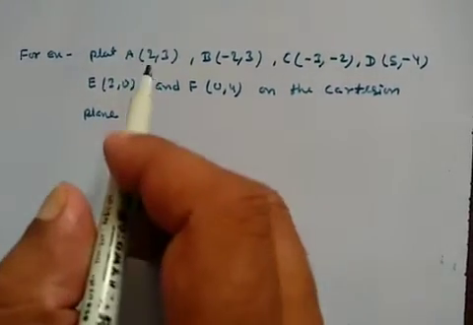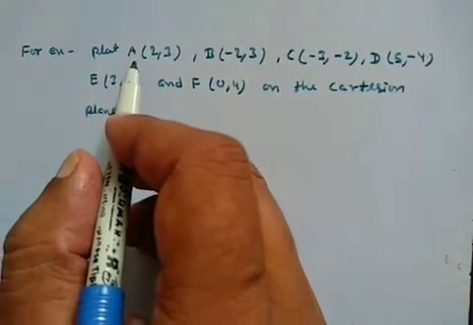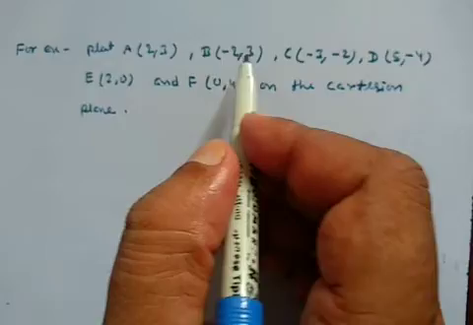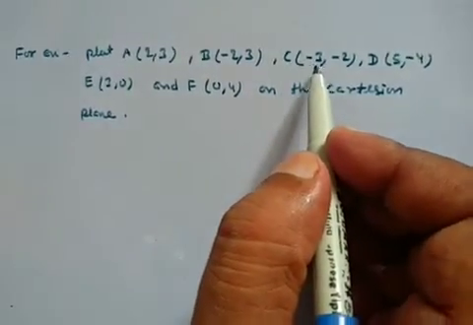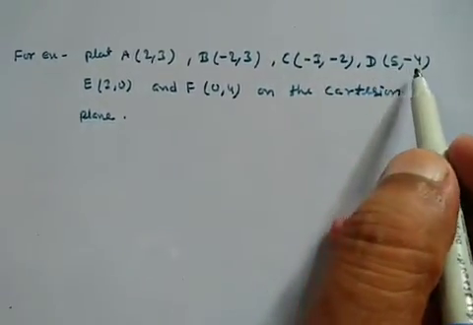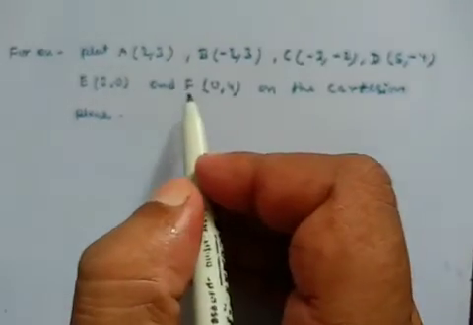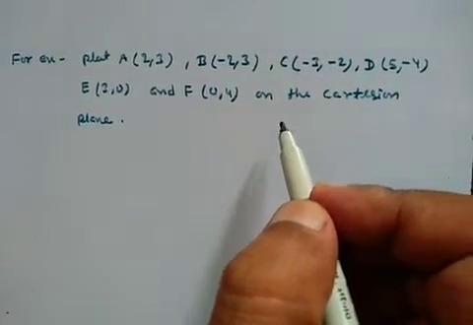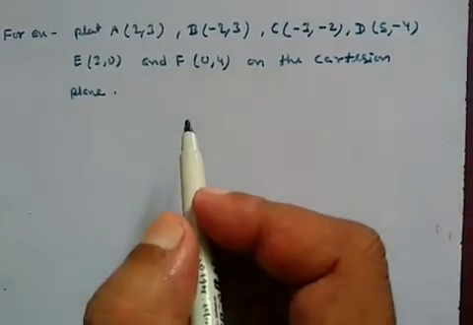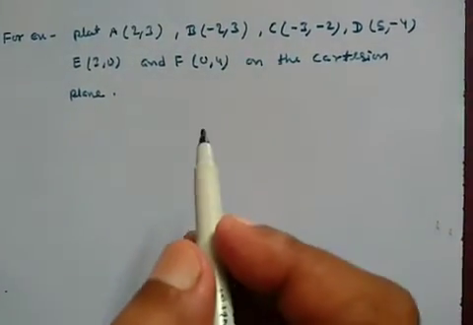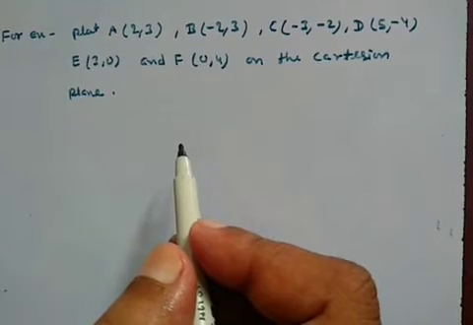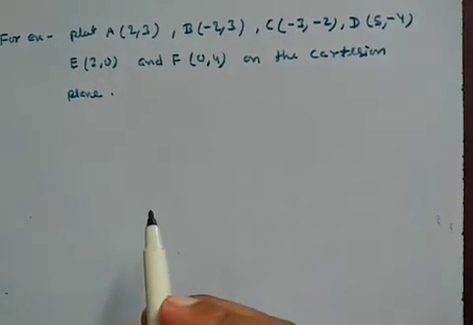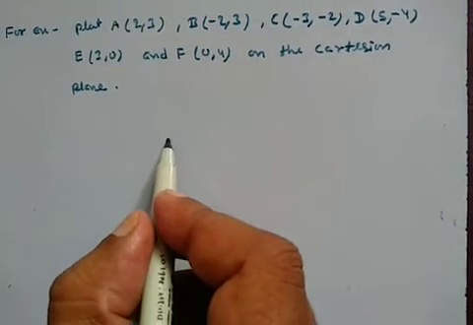Now we will try to plot some points on the Cartesian plane. For example, plot point A (2, 3), point B (-2, 3), C (-3, -2), D (5, -4), E (3, 0) and F (0, 4) on the Cartesian plane. Children, for representing these points, we first of all construct a Cartesian plane on this plane.